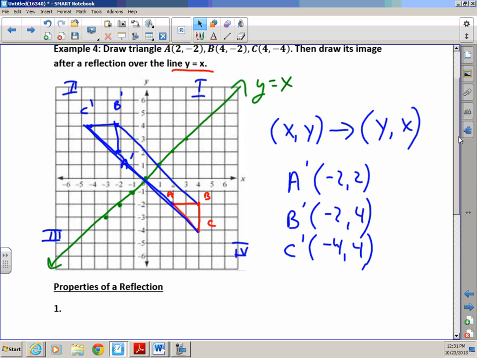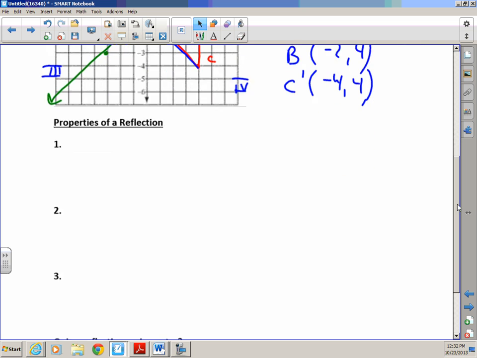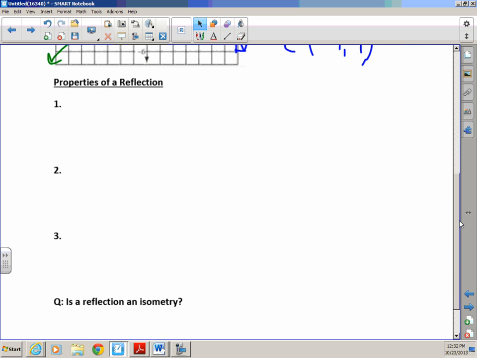So, what are our properties of a reflection? Our properties of a reflection are as follows, similar to what we saw yesterday.